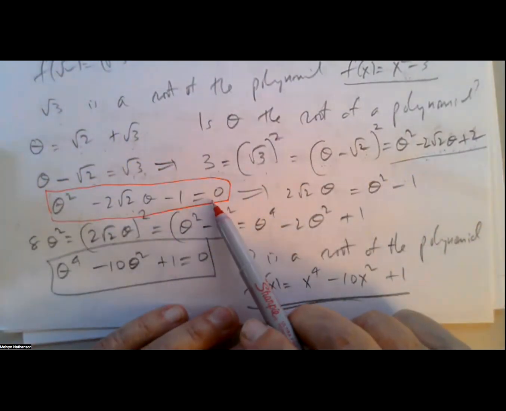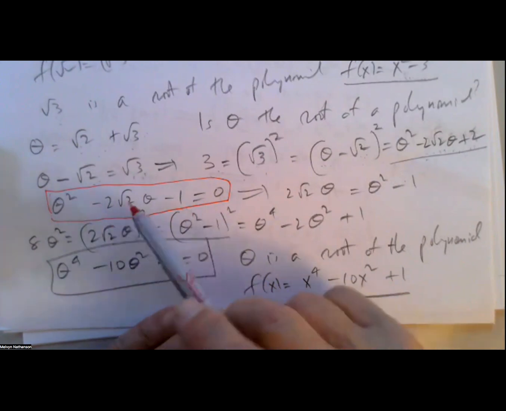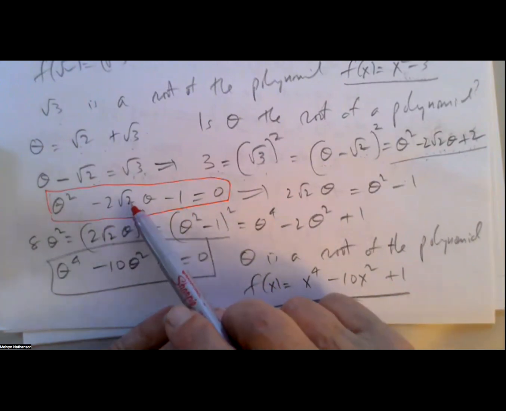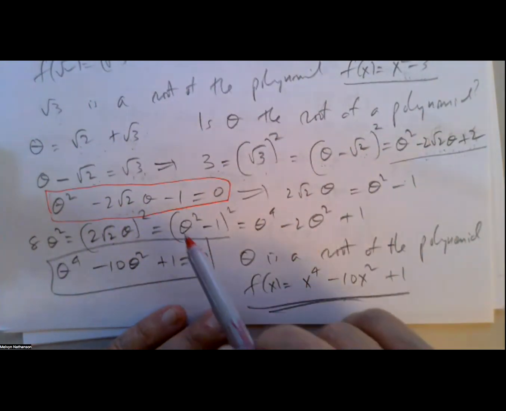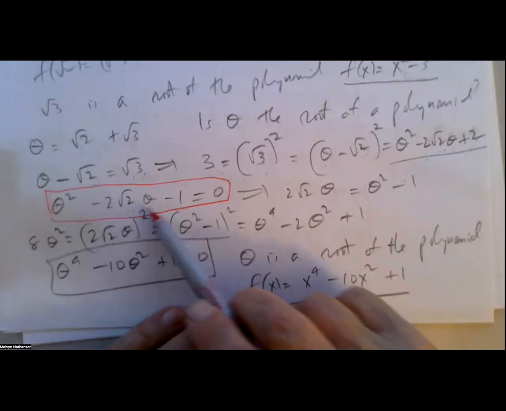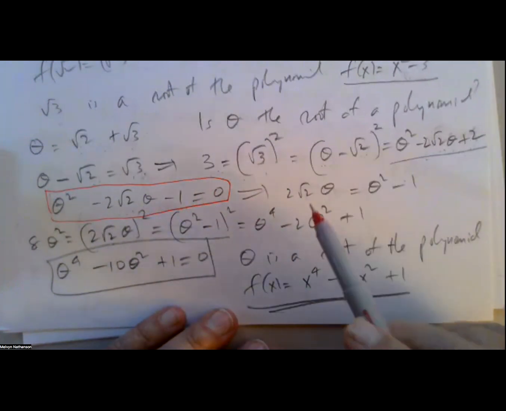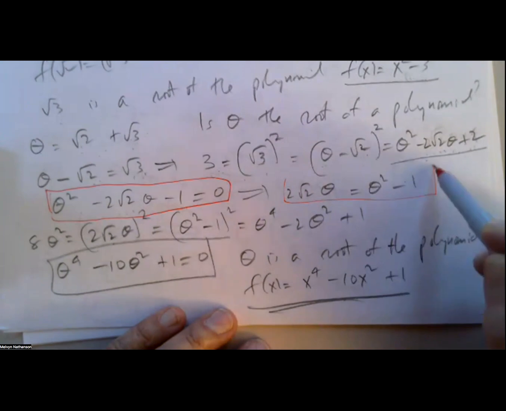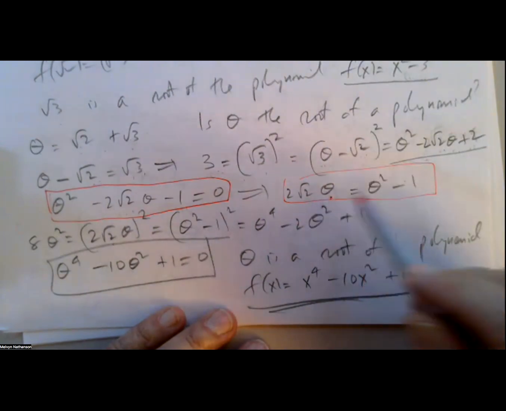So theta solves this equation. But it doesn't have integer coefficients. Root 2 is irrational. But theta solves this equation. That's what this says. So if I bring the 2 root 2 theta to the other side of the equal sign, I get 2 root 2 theta equals theta squared minus 1.